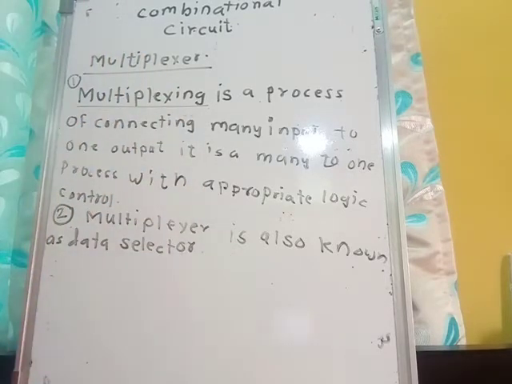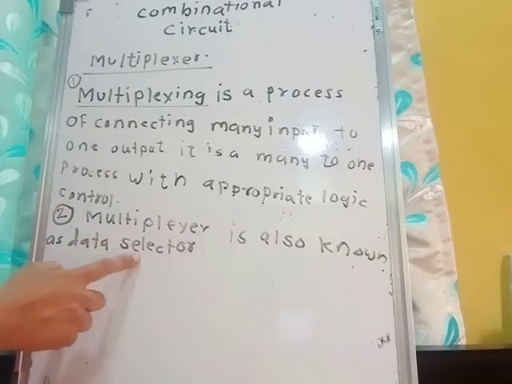Because this circuit accepts more than one input and connects only one of them at a time to get the output. So the multiplexer is always known as the data selector because it takes many inputs.